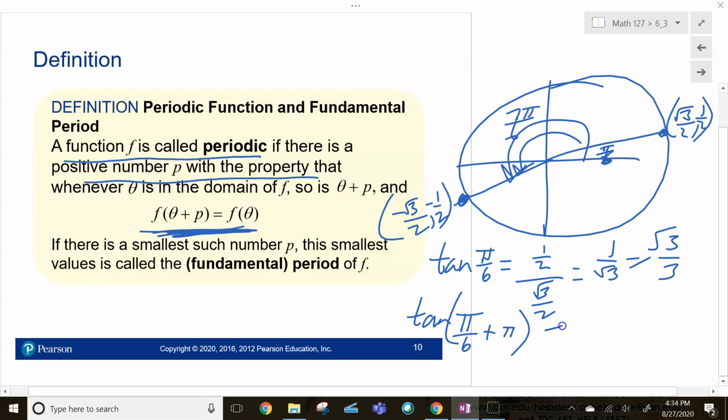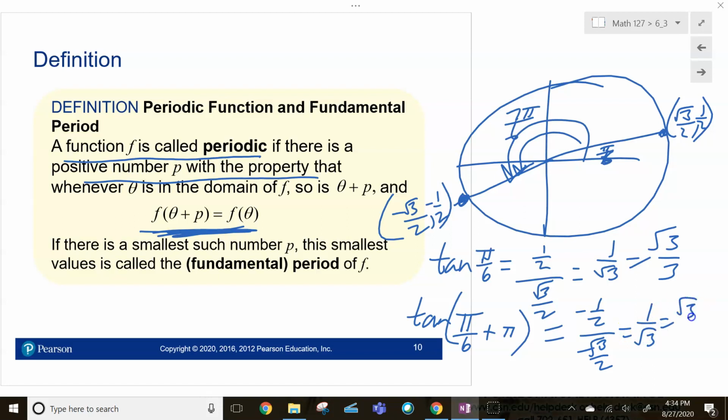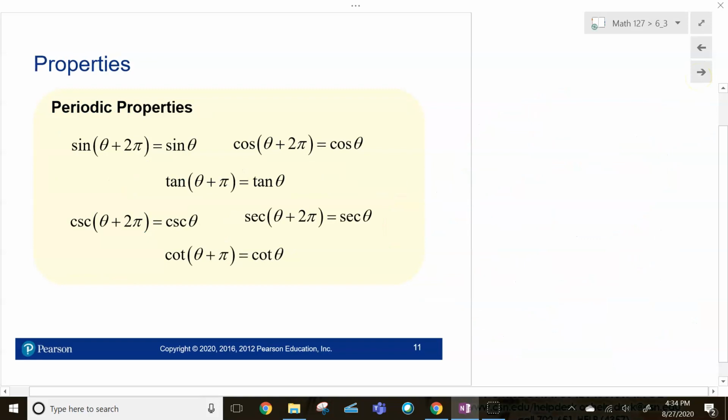Notice the tangent of 7 pi over 6, sine over cosine, negative over a negative is a positive. It's the same thing. So the period of the tangent is pi. The period of the sine and the cosine is 2 pi. The period of the tangent, just pi.